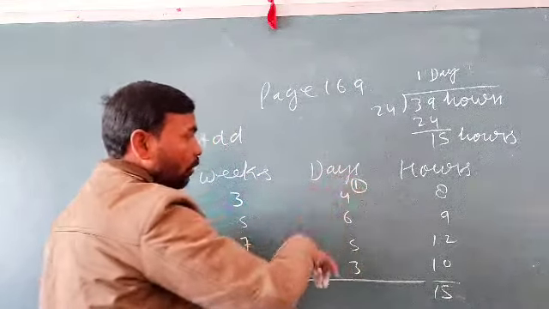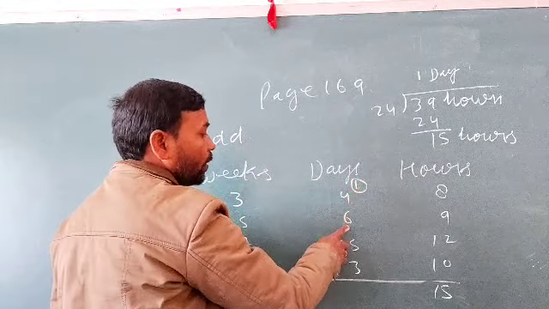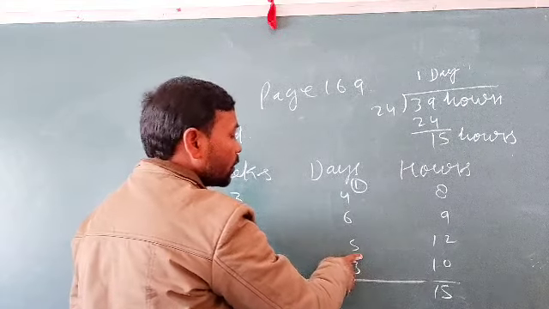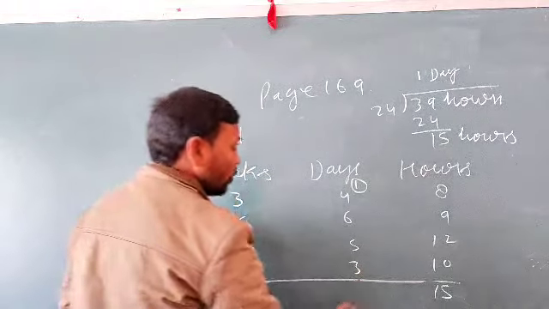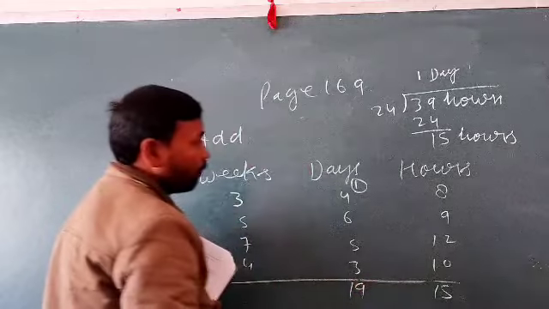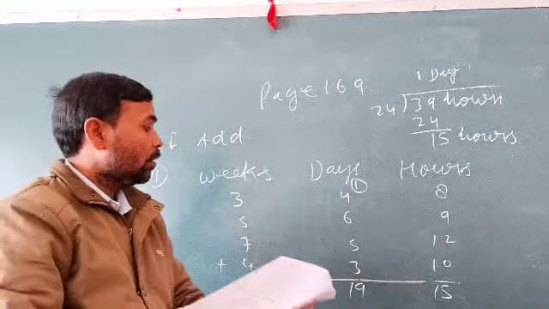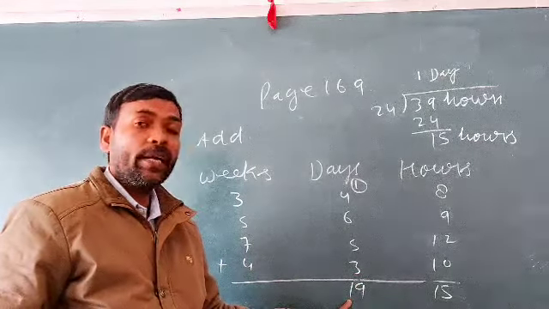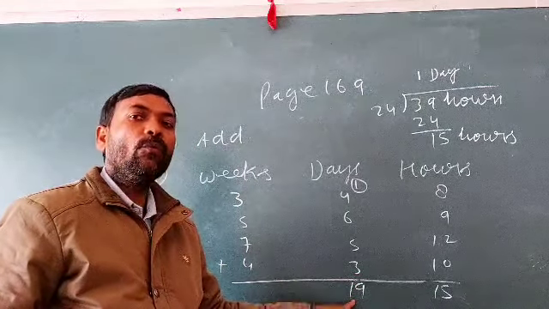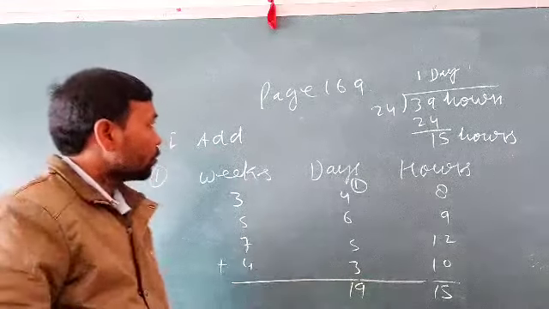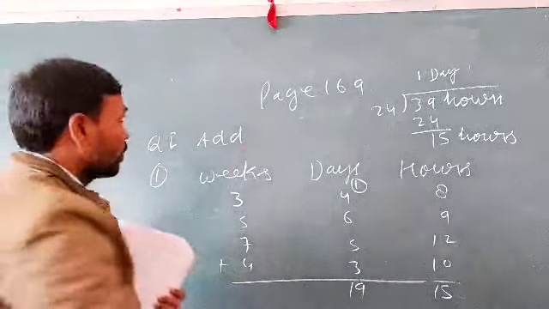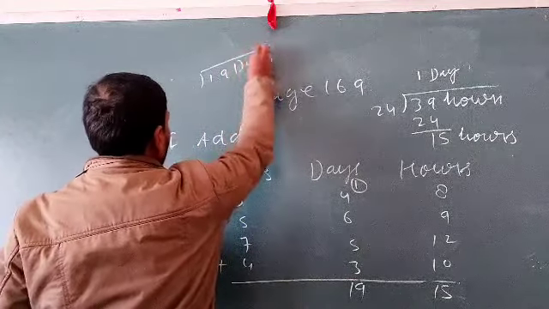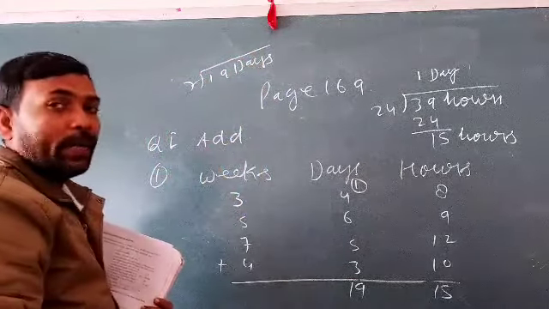Now we have to add days. 4 and 1, 5 and 6, 11 and 5, 16. 16 and 3, 19. So 19 days. But you know already that 7 days can be converted into weeks. Here there are 19 days, it will convert into weeks and days by dividing by 7.